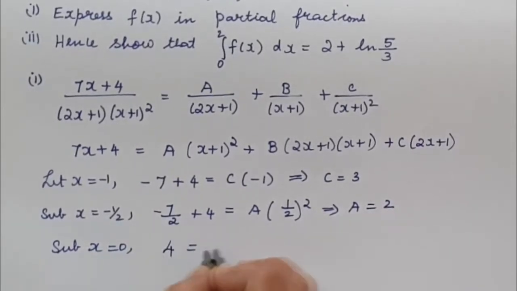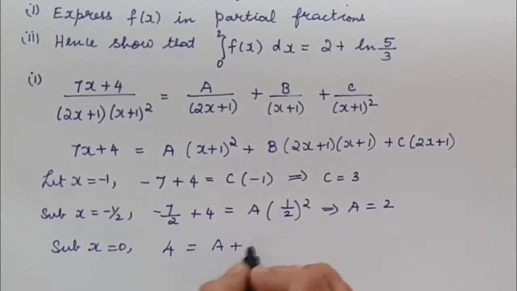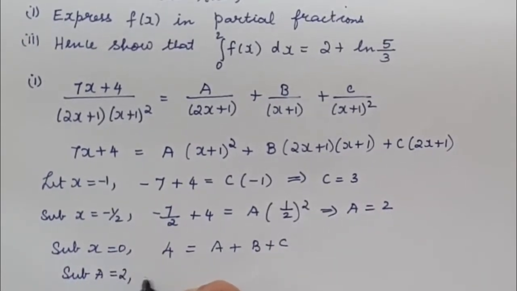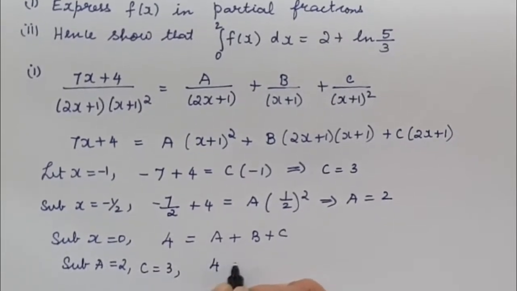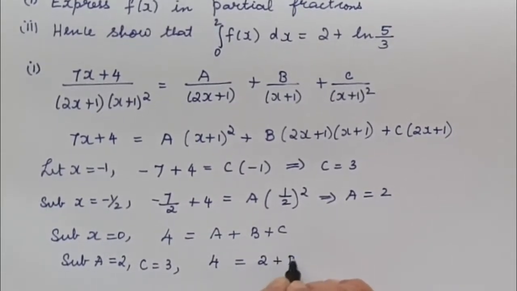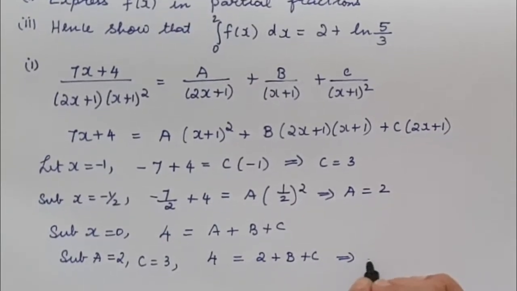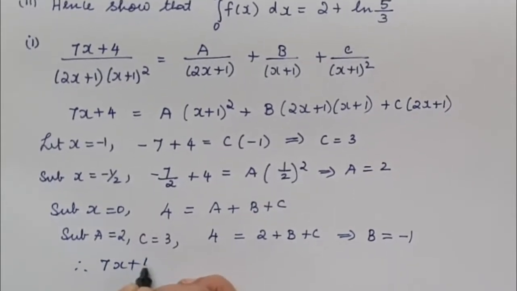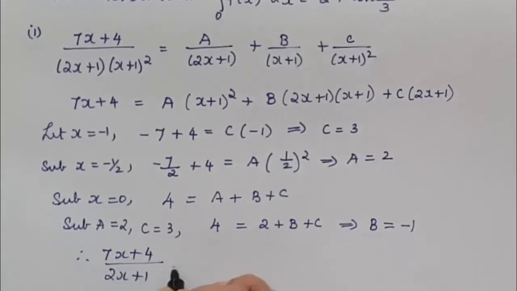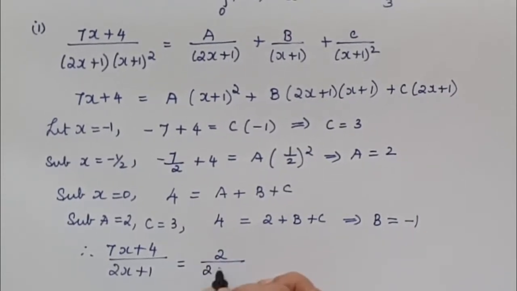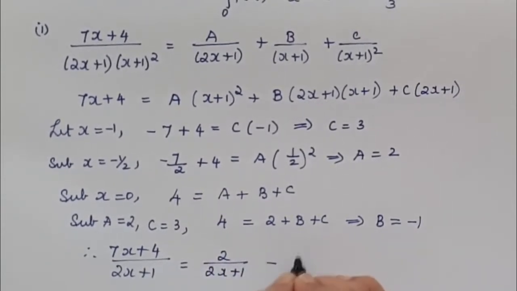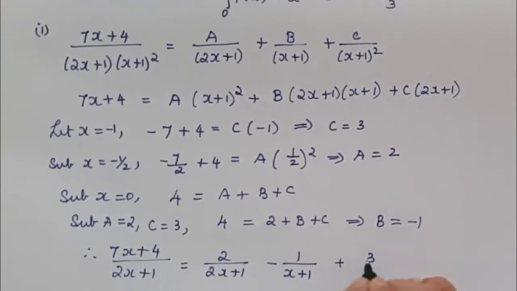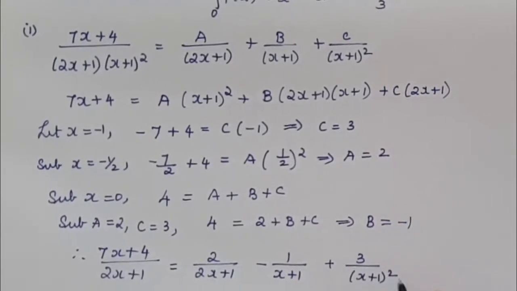So 4 will be equal to a plus b plus c. Substituting a equal to 2 and c equal to 3, we get 4 equal to 2 plus b plus 3, which implies b will be equal to minus 1. Therefore, 7x plus 4 over 2x plus 1 into x plus 1 the whole square can be written as 2 over 2x plus 1 minus 1 over x plus 1 plus 3 over x plus 1 the whole square.